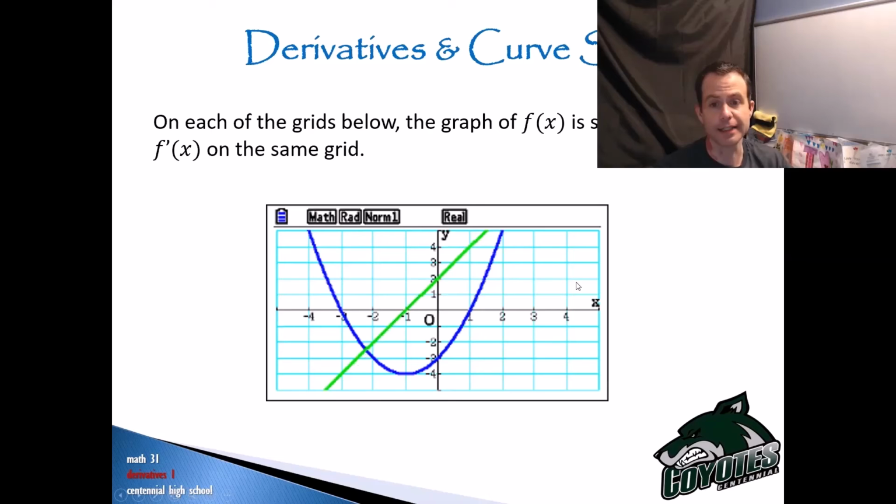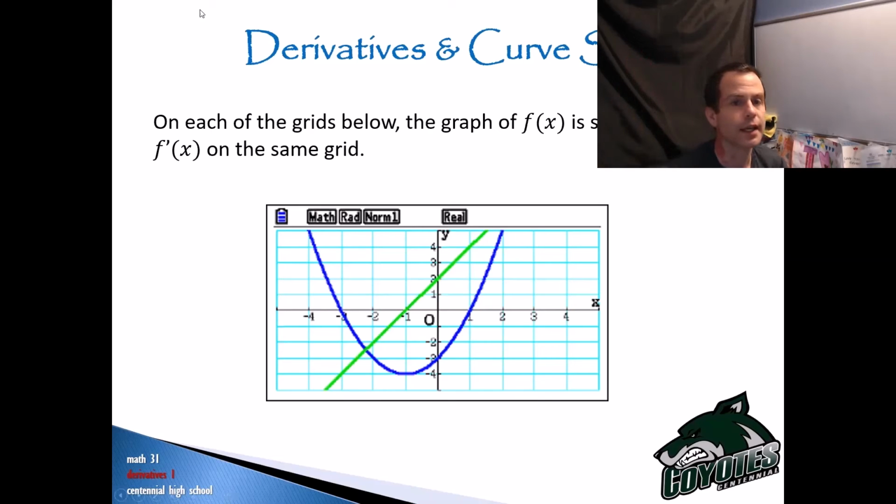Now, the green guy is the actual one, and I was pretty darn close to the actual line. But what I would be looking for in your drawing is just that line. I need to see that you hit at -1, that there's an x-intercept at -1. I need to see that to the left of -1, you are negative, and to the right of -1, you're positive.